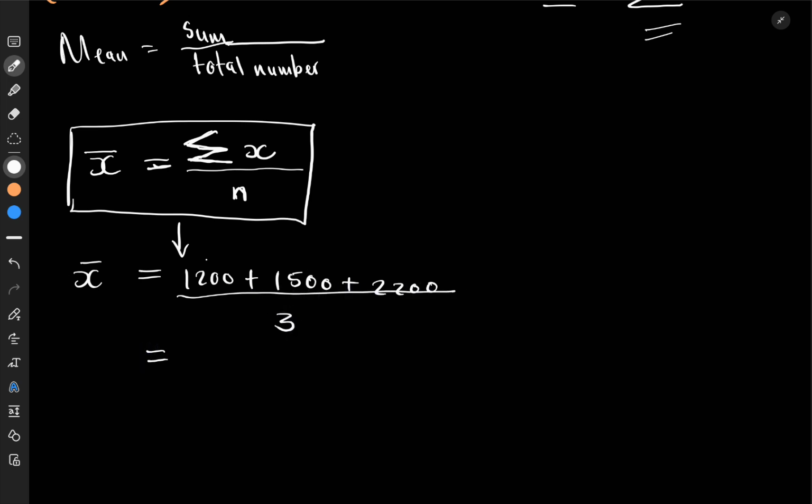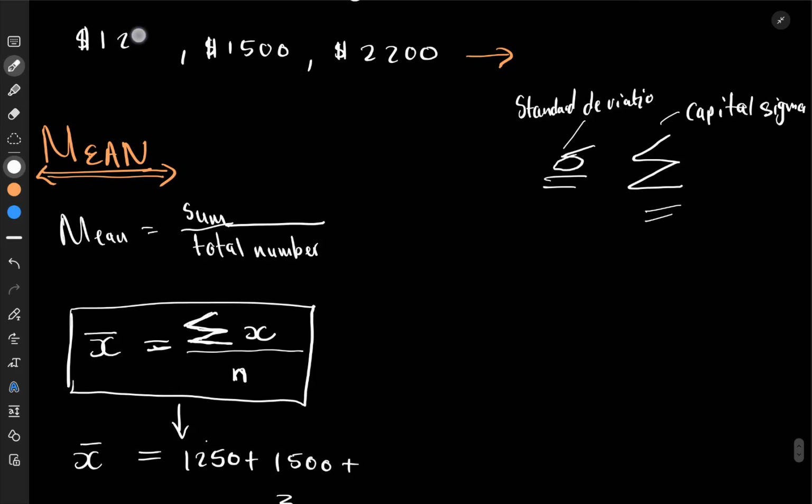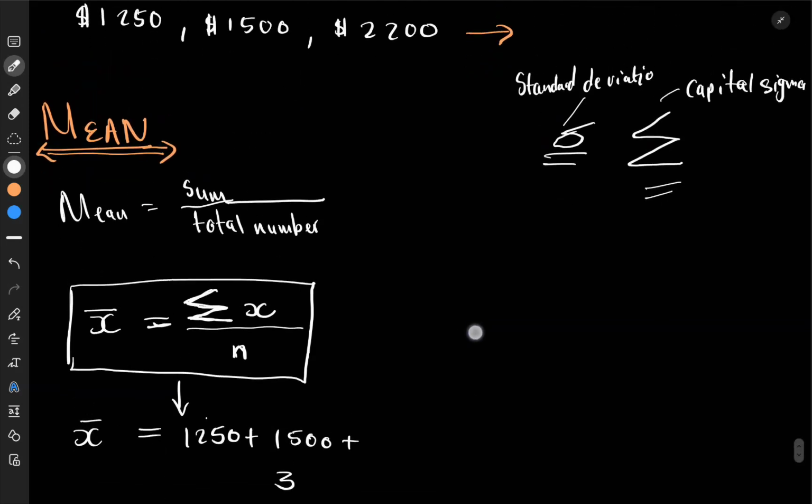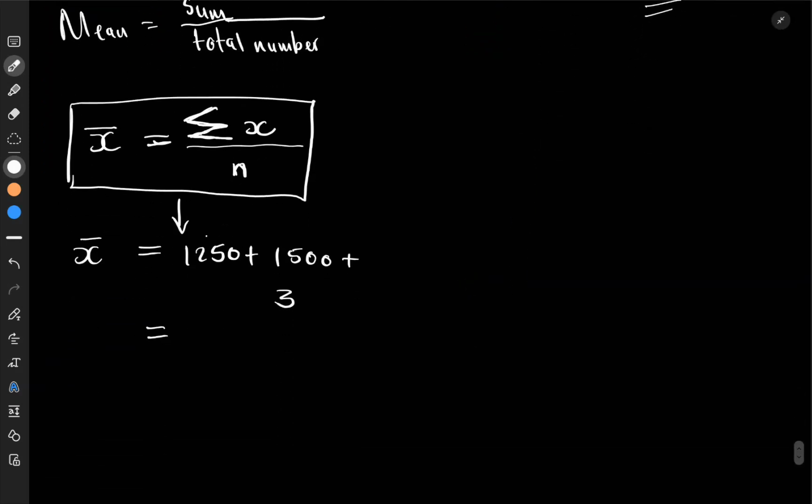So what would be the final answer here? To make it neater, maybe let's say this is 1,250. So one car is 1,250, the other one 1,500, the other one 2,200. So now let's deal with the three like this and see.